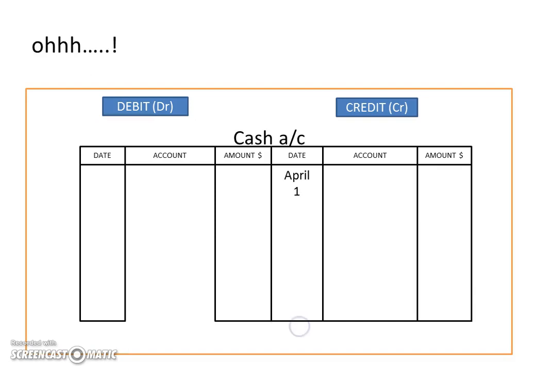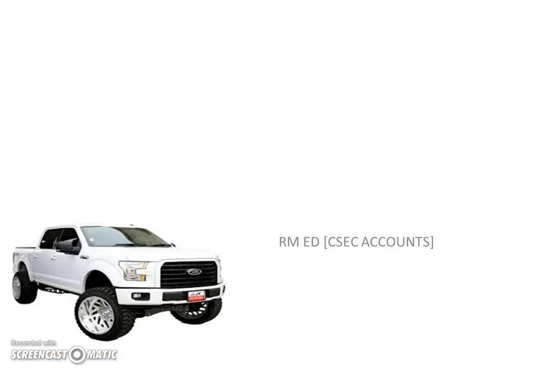So on April 1st, we exchanged this cash for a truck. And that truck was worth $8,000, so we gave her $8,000 cash. So there you have it. We had a debit and we have a credit. And that's how simple it is.